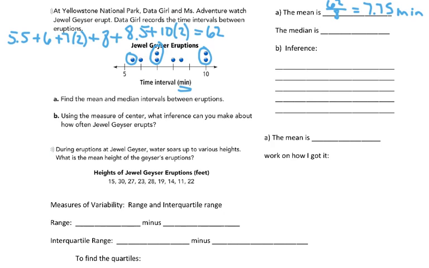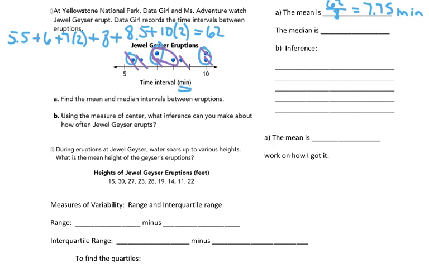To find the median, we have to find the middle number. So since there are 8 numbers, we cross off the least and greatest, least and greatest, least and greatest, and then we have 2 numbers in the middle. So since we have 2 numbers in the middle, we have to find the average or mean of those 2 numbers.